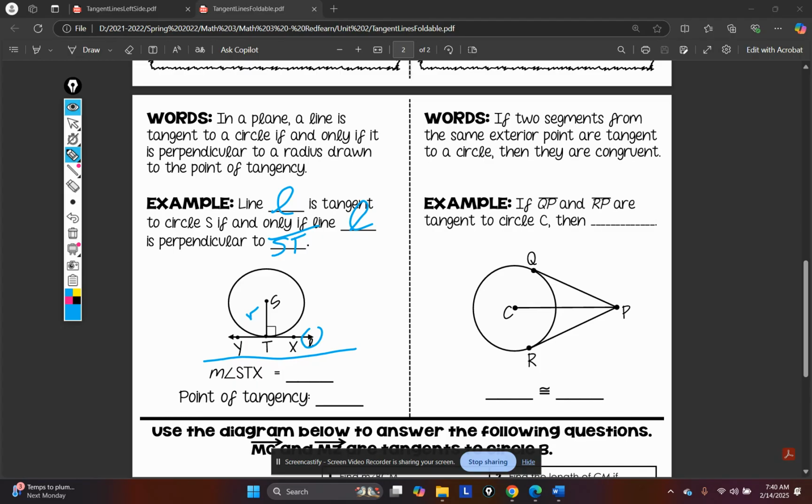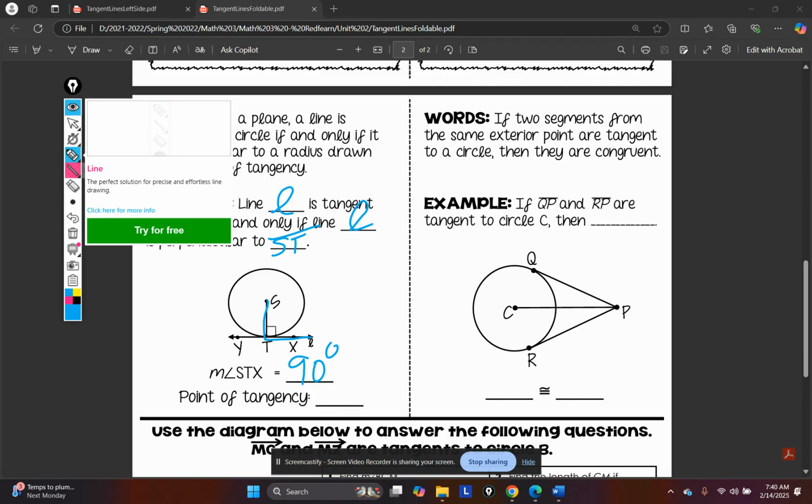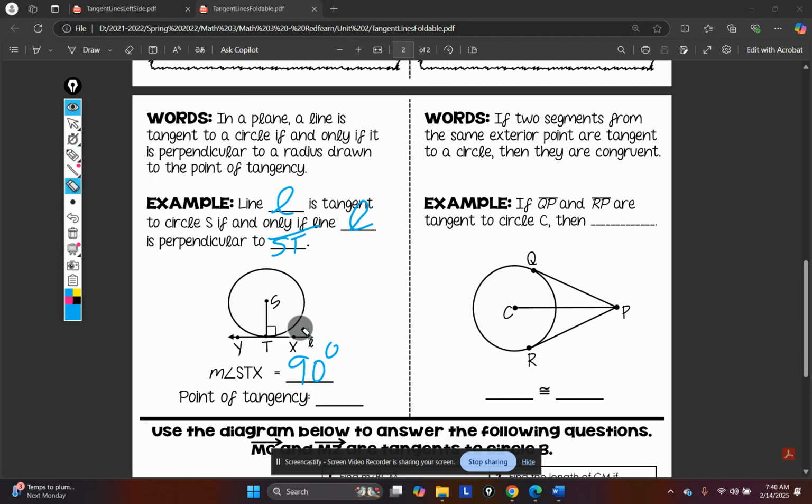So the measure of angle STX, which is this angle here, will be 90 degrees. And the point of tangency is where the tangent line meets the circle, and the tangent line meets the circle at point T, which is right here. So your point of tangency is at T.